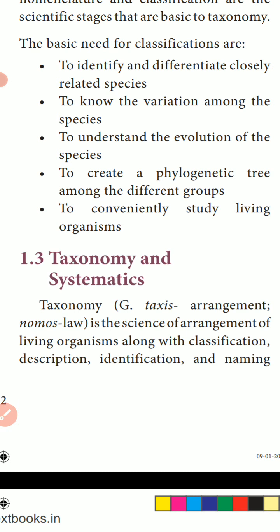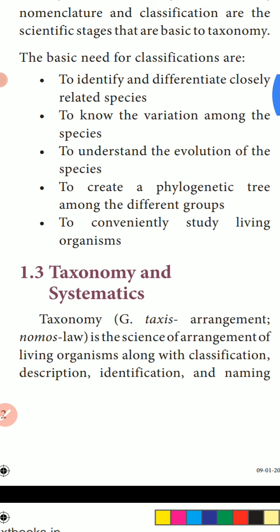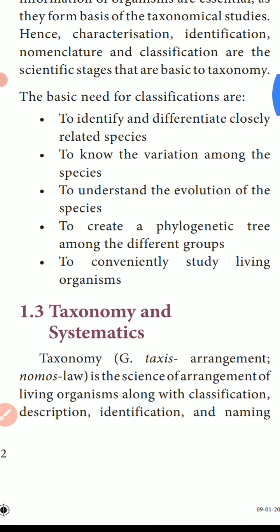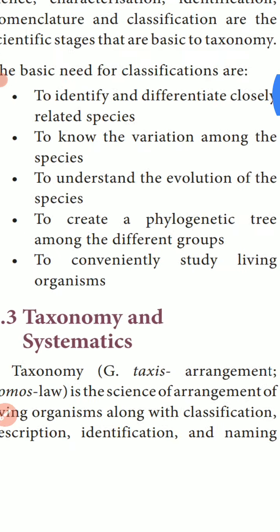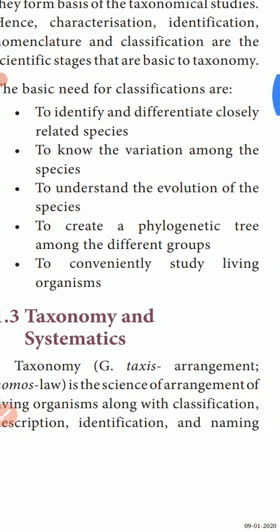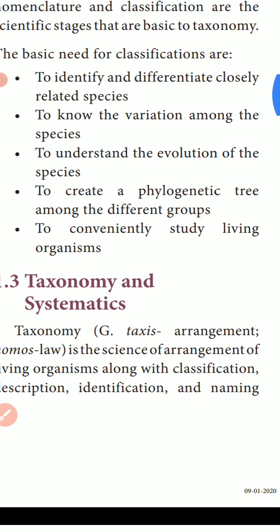What do you mean by evolution? Evolution means the organisms which have come from ancient time till the modern time. For example, we say human beings came from monkeys. That is the evolutionary part.